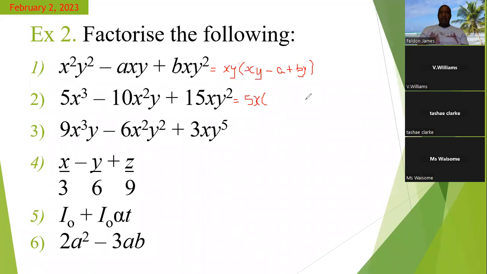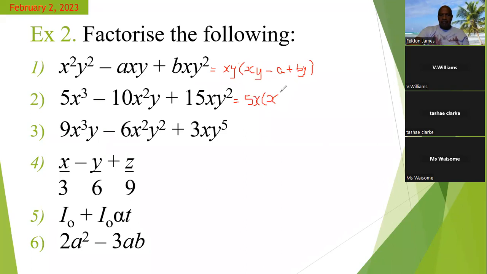So in order to know what you're going to get in the bracket, you are getting the results from dividing each term by the HCF. Having divided 5x cubed, the 5x will cancel out, leaving x squared. All right, continue for me.